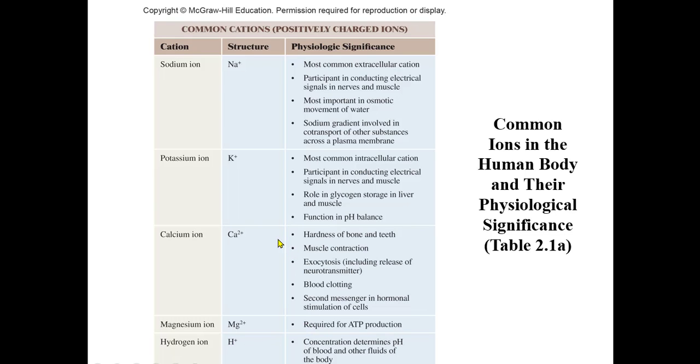So these are now all the positively charged ions. Now, before I go any further, you need to know what positively charged ions are called. They're called cations. C-A-T-I-O-N. Cation.